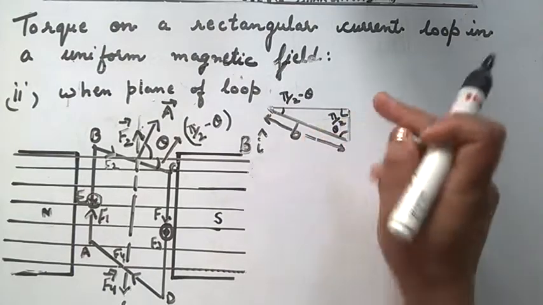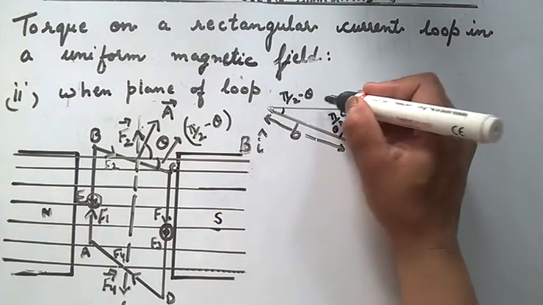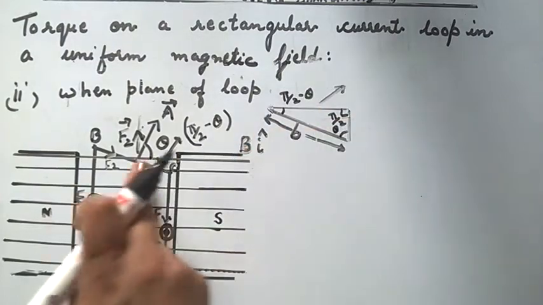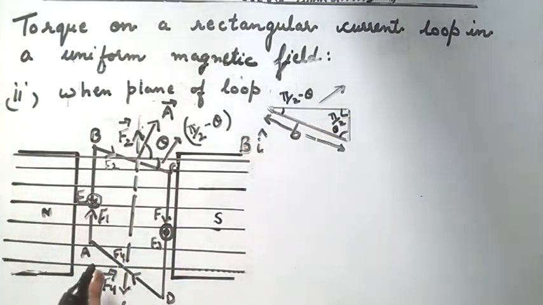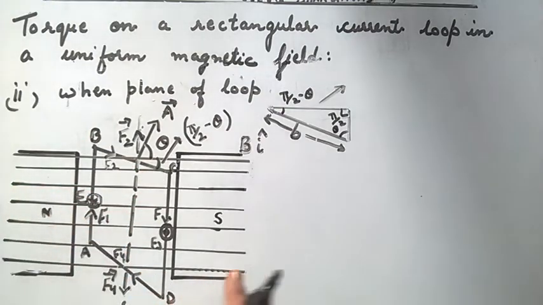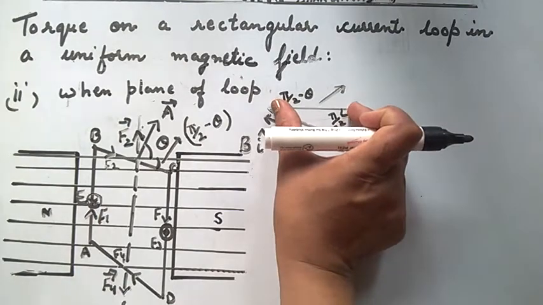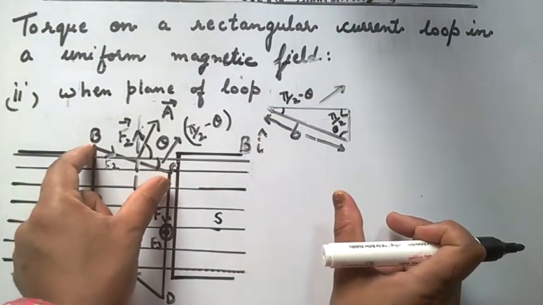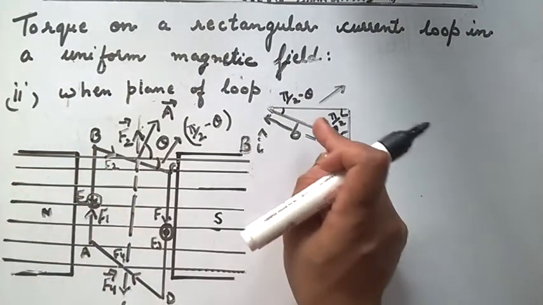So here we can say that for this kind of condition, when the rectangular loop is at an angle theta with uniform magnetic field, then the perpendicular distance is equal to the component of side BC, that is equal to B sine theta.